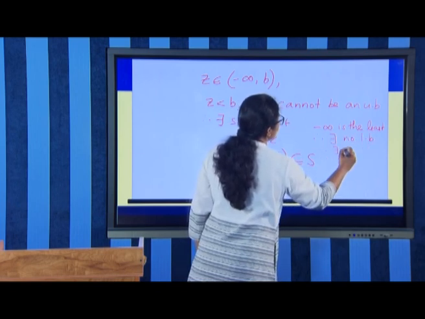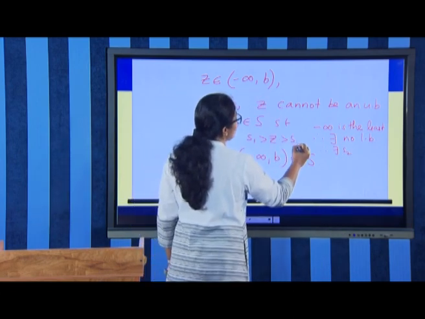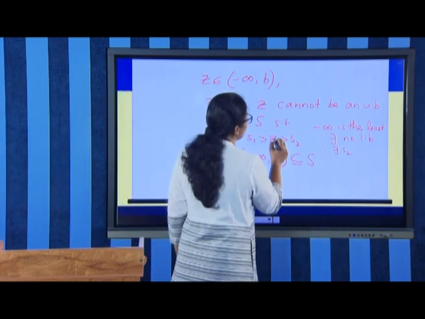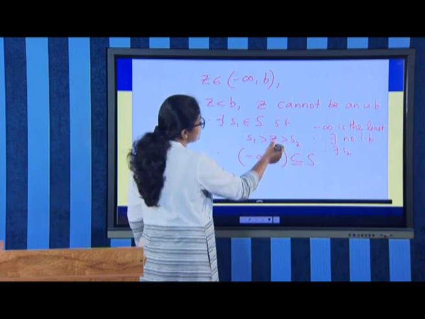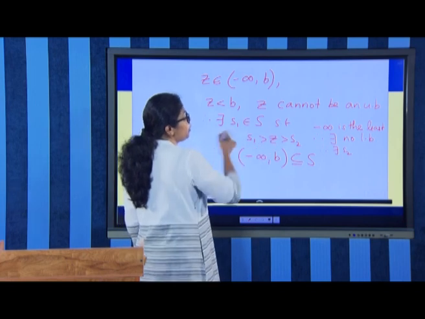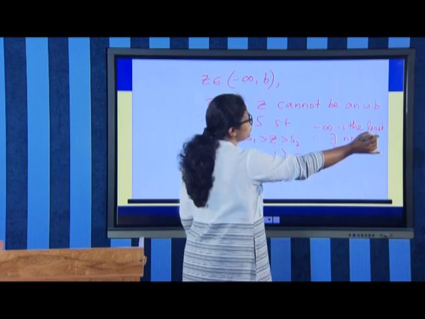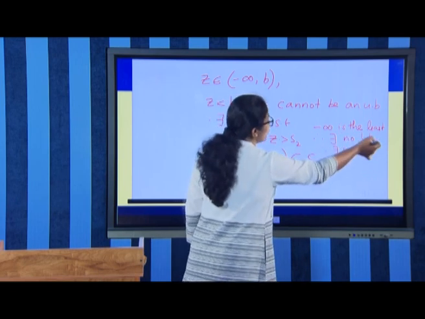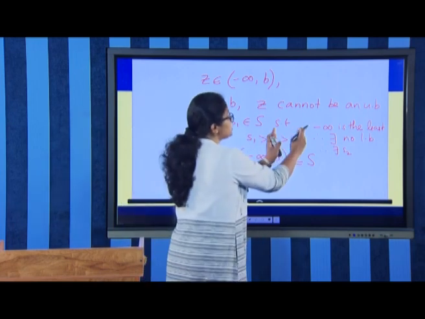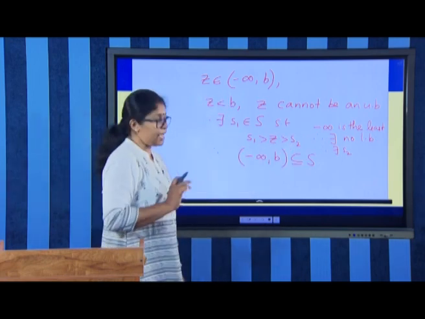If Z is lesser than every element of the set S, Z becomes a lower bound. But because the set S is not bounded from below, there cannot exist such a lower bound. So, Z cannot be a lower bound. That ensures that there exists an S2, an element of S, such that Z is greater than S2.